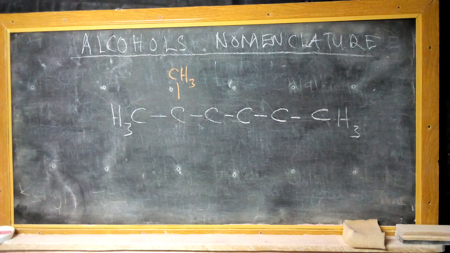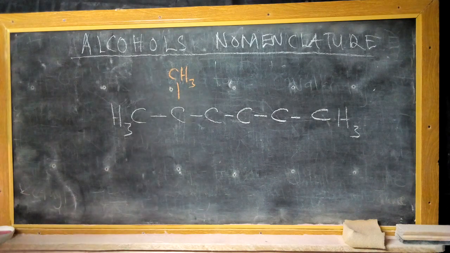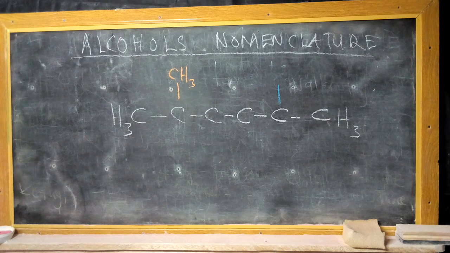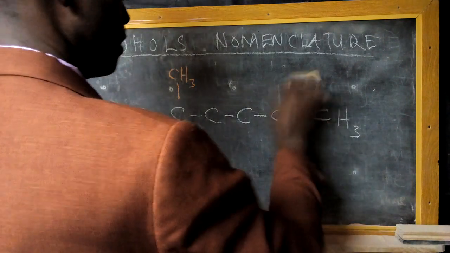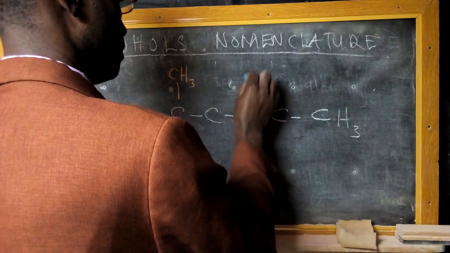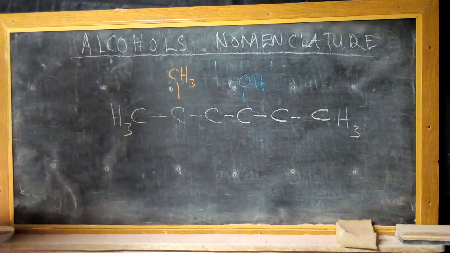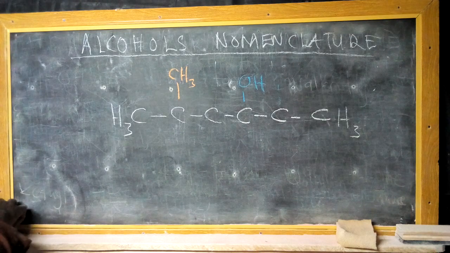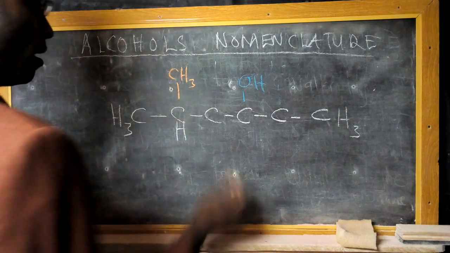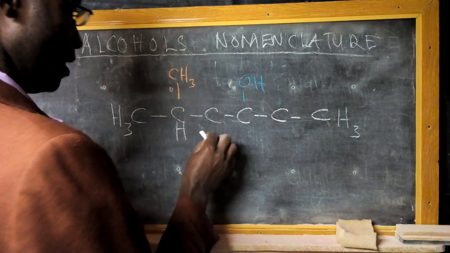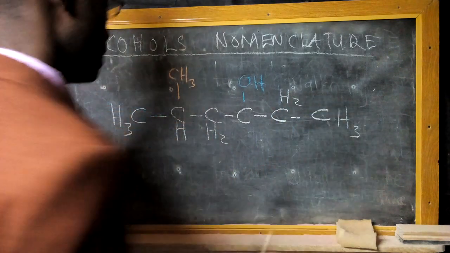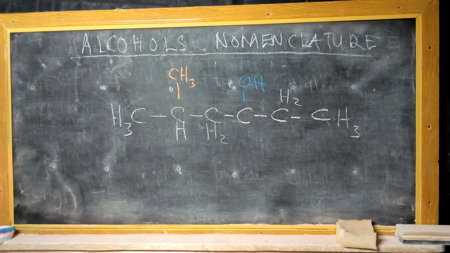And then we have an OH group at this particular point, and then the rest are just filled as normal. So we shall have hydrogen, H2, and then H2. So this compound is an alcohol.